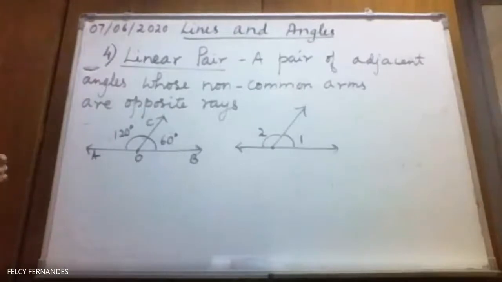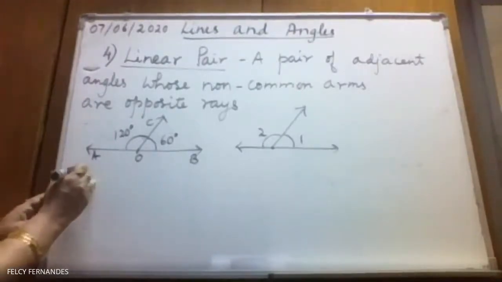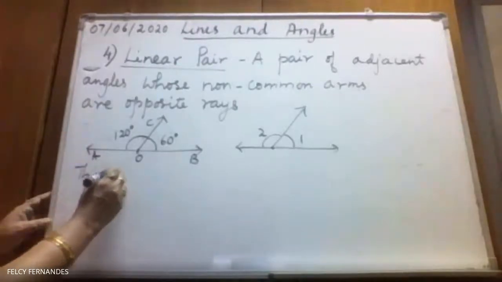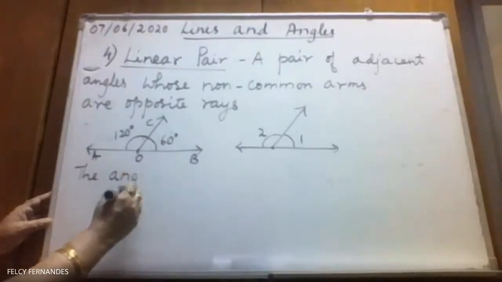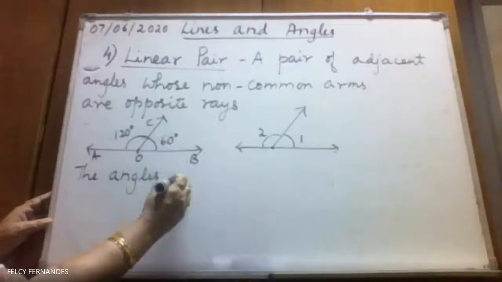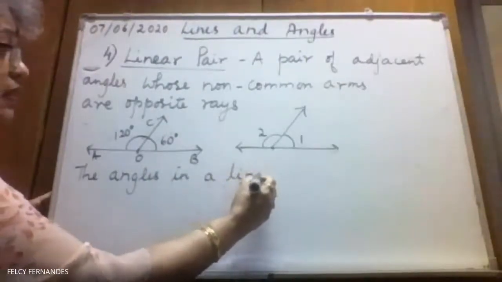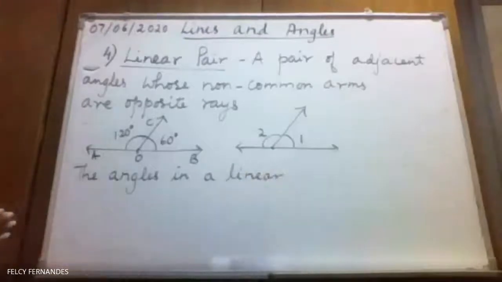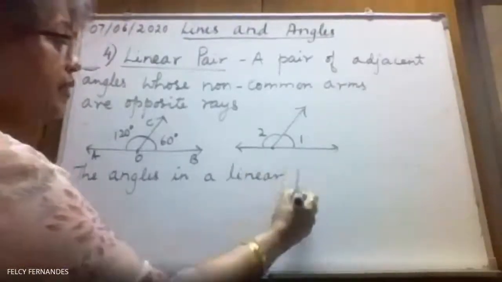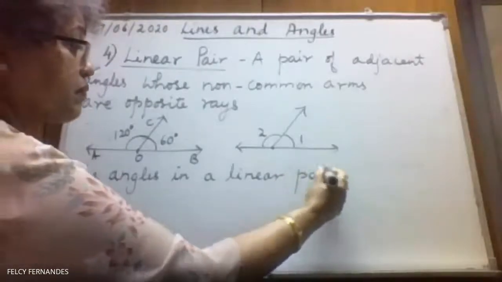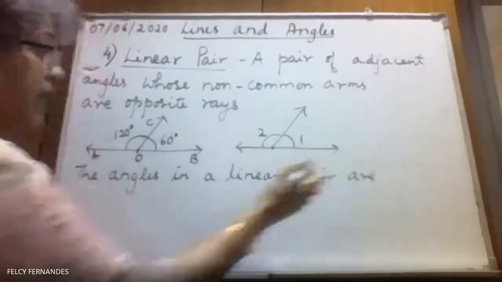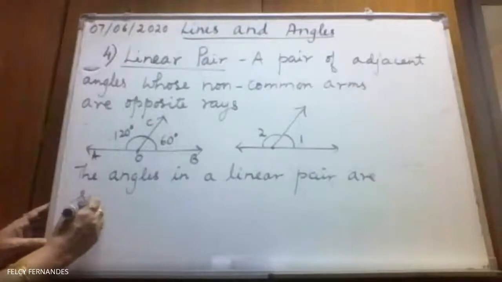So we write down the next sentence below this: the angles in a linear pair are supplementary.